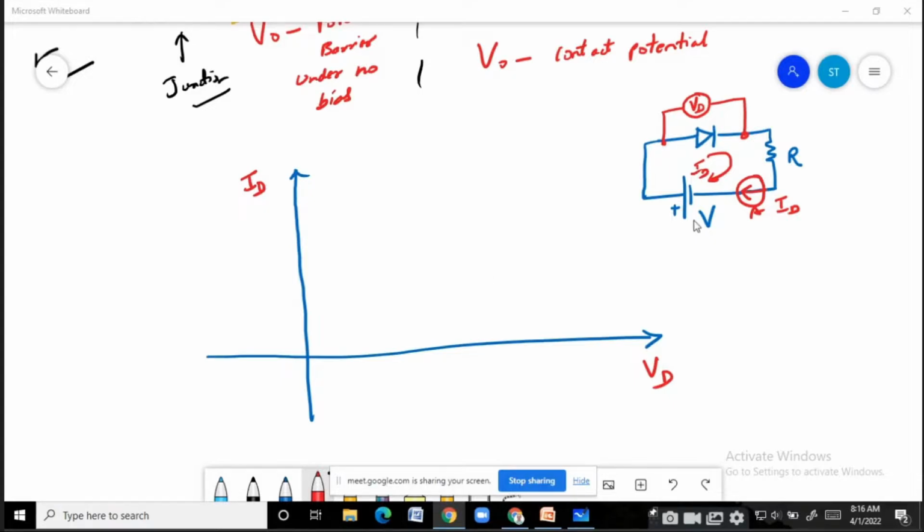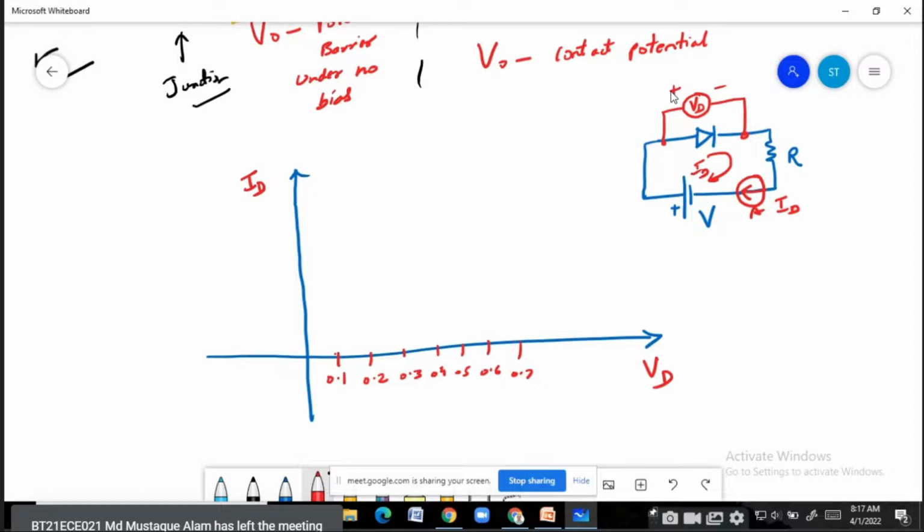Under forward bias condition, the voltage across the diode will be positive in nature. Like here, 0.1 volt, 0.2 volt, 0.3, 0.4, 0.5, 0.6, 0.7, like this.